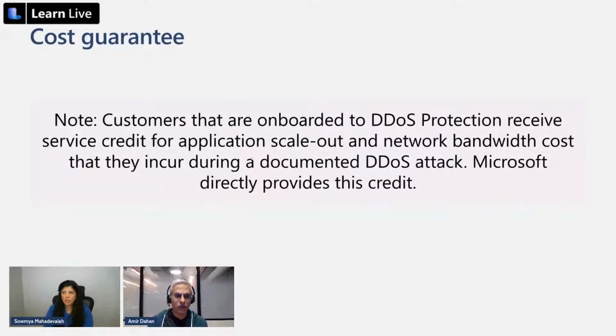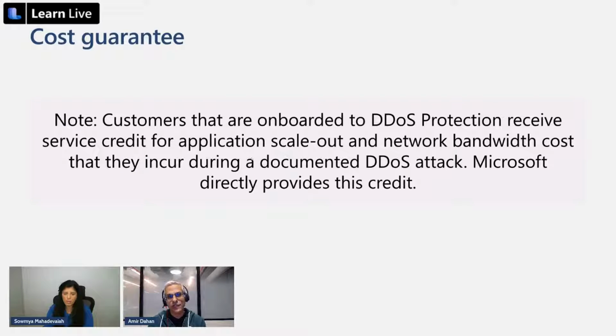Next point I want to highlight that is one of the additional benefits for DDoS network protection: cost guarantee. Cost guarantee, it's not a technological feature, but it's a great value added capability that we offer to network DDoS protection customers.